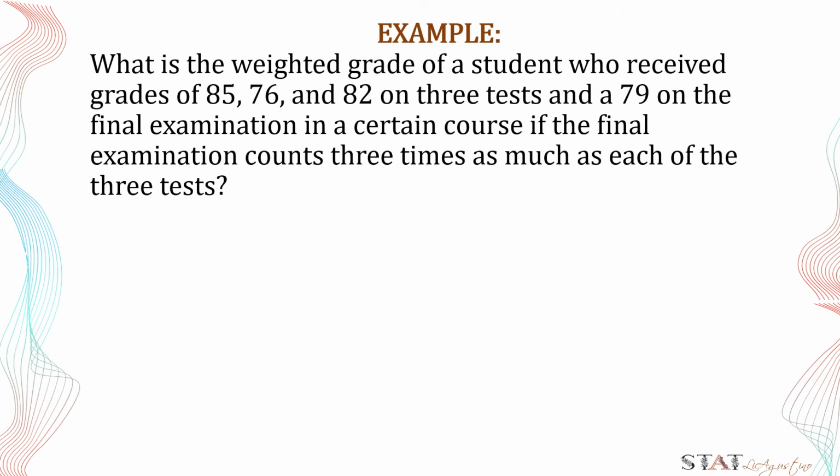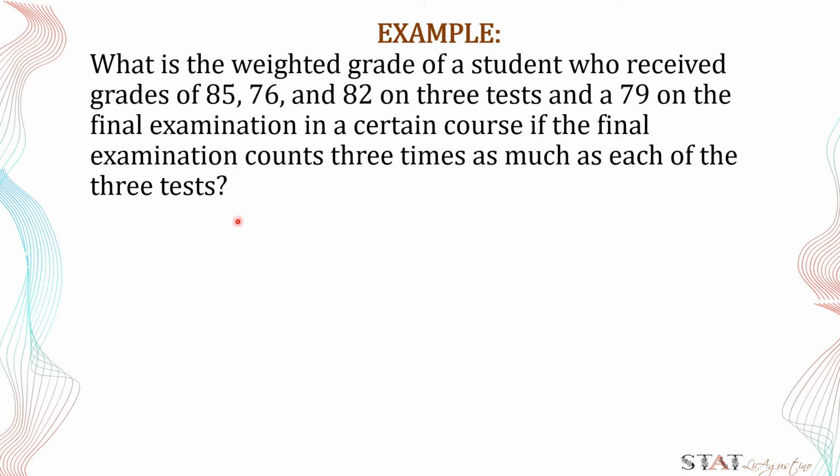For example, what is the weighted grade of a student who received grades of 85, 76, and 82 on the 3 tests and a 79 on the final examination in a certain course, if the final examination counts 3 times as much as each of the 3 tests?